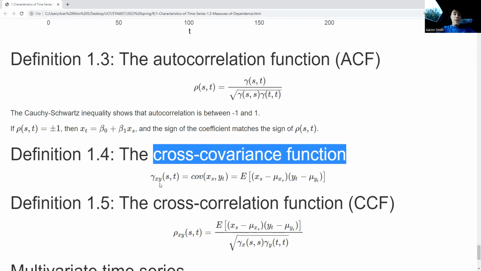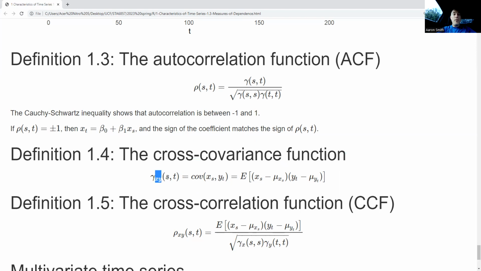So I have 2 time series, x and y, and I'm interested at time s for x and time t for y, and then it's just the covariance, just like you would naturally define it. It is called the cross-covariance function because I have 2 separate time series. And the cross-correlation is defined similarly: I take the covariance up top and then divide by the square root of the 2 variances.